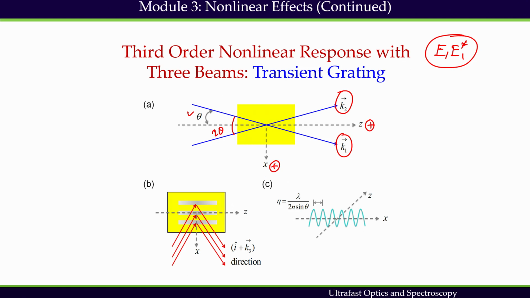Then one can write that K1, this wave vector, equals K1 magnitude cos theta k cap, where k cap is the unit vector along the z direction, plus K1 magnitude sine theta i, where i is the unit vector along the x axis.